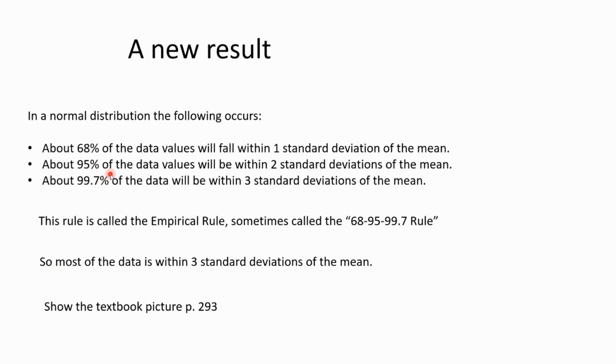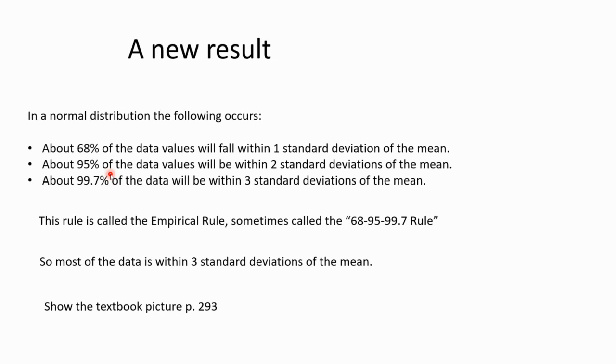We'll see some more today. If you go one standard deviation to the left, you subtract one standard deviation from the mean, and you add one standard deviation to the mean, you'll have about 68% of all the data values.